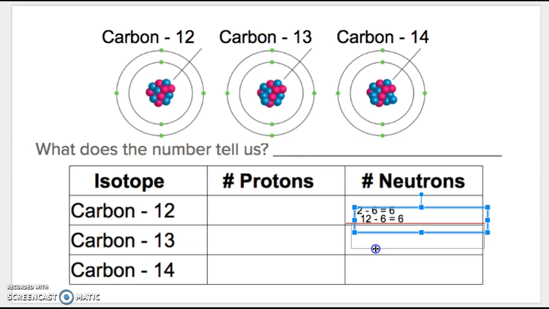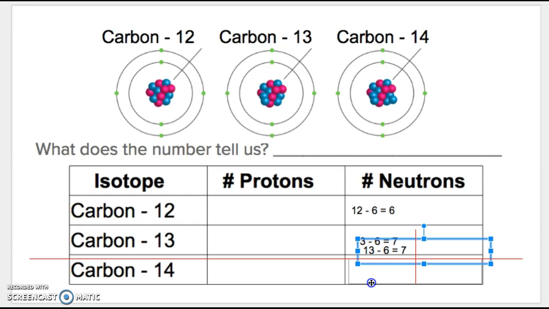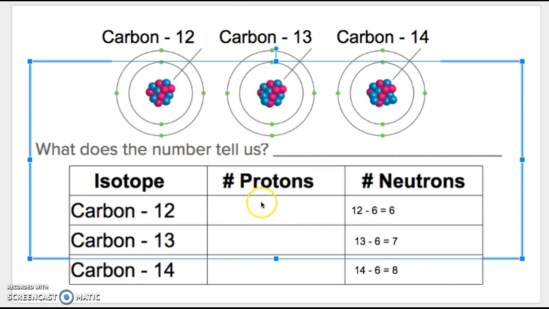Now, for this one, we don't have the same mass. So 13 minus 6 is not 6, right? 13 minus 6 is 7. Next one. What's our mass? You guessed it right. Way to go. 14 minus 6. And this time we have 8. Okay? So these are isotopes. The protons are all 6. The neutrons are what change.